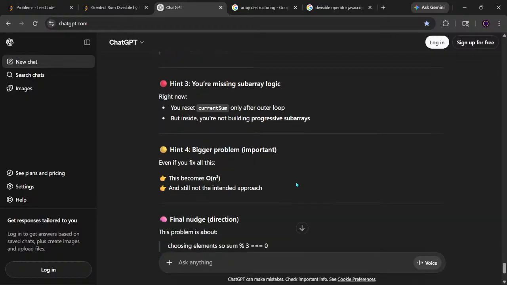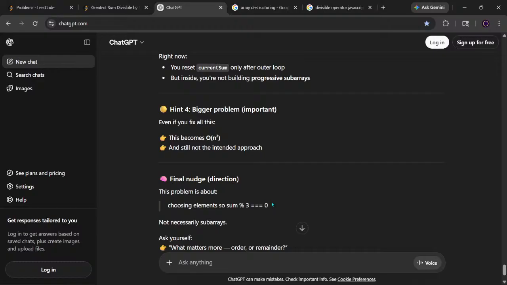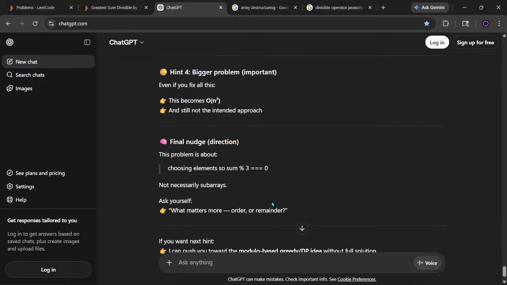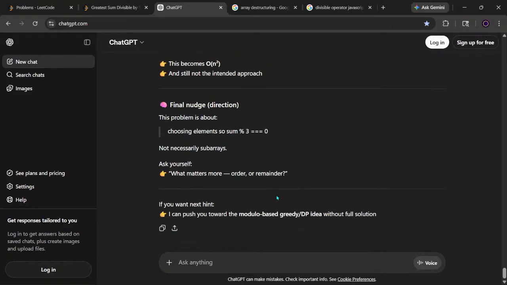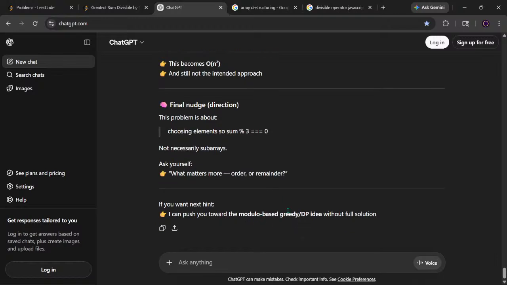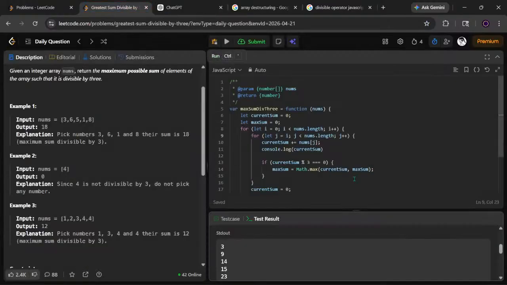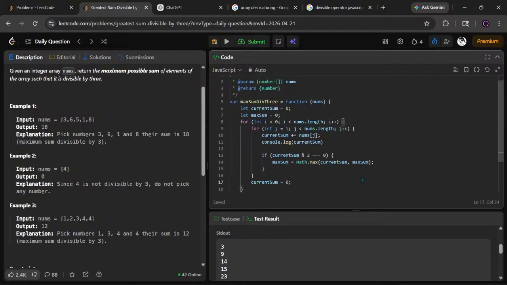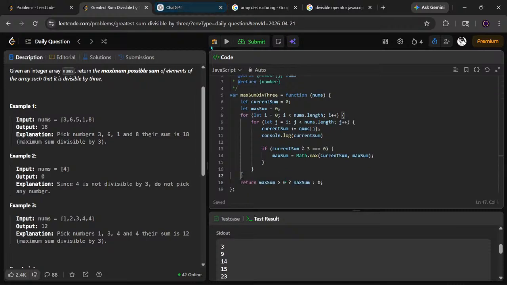But inside we're not building a progressive summary. What happens if we don't reset this thing?